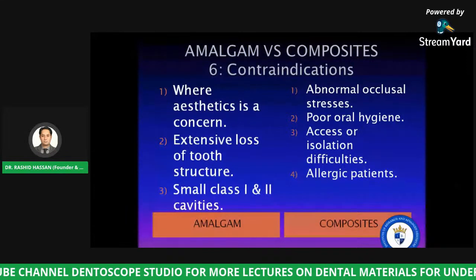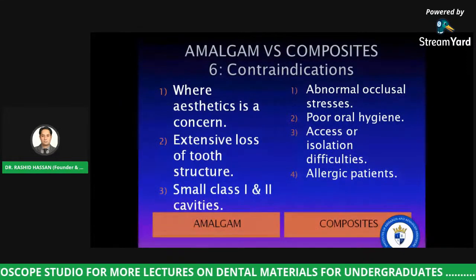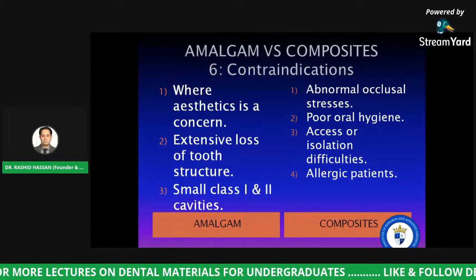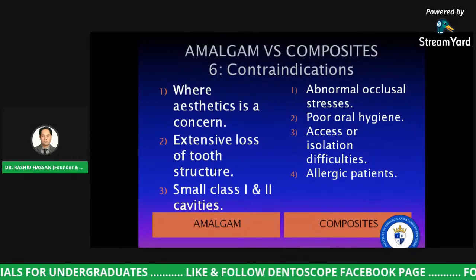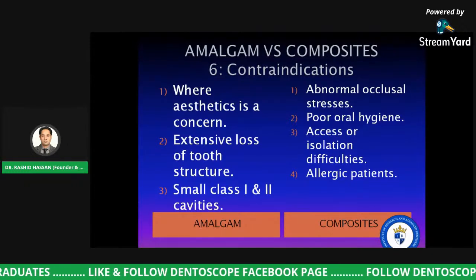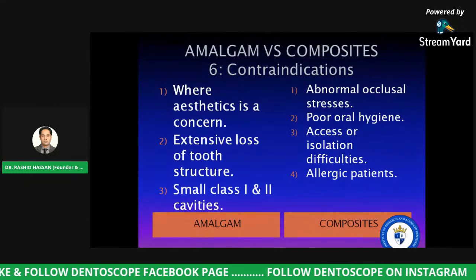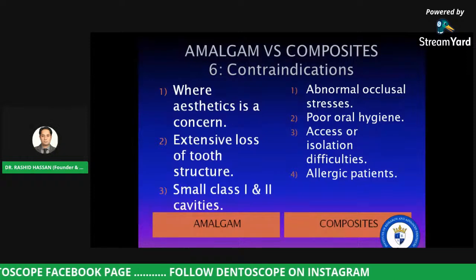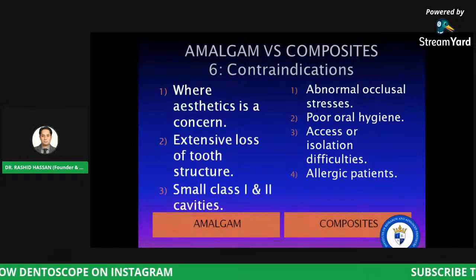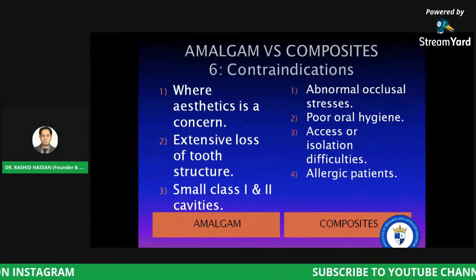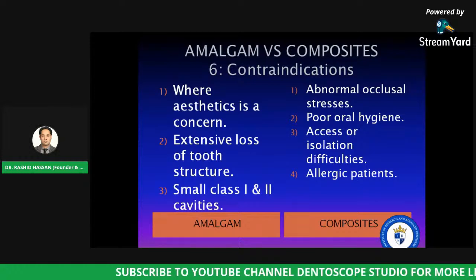In those cases, you should not give any dental composite restoration, because you're not going to access that area even with a dental drill. You're not going to be able to remove the complete dental caries, or even if you remove it, you're not going to be able to insert the dental composite. So that is a very challenging situation.